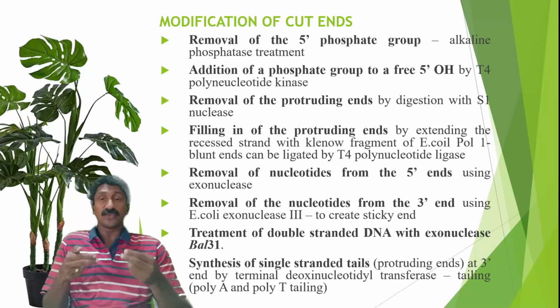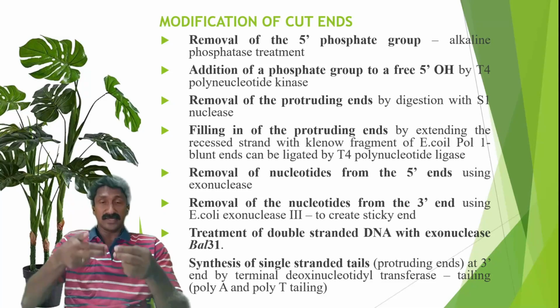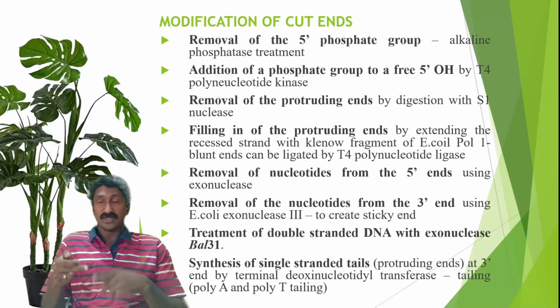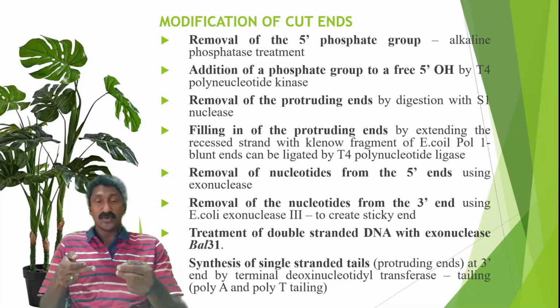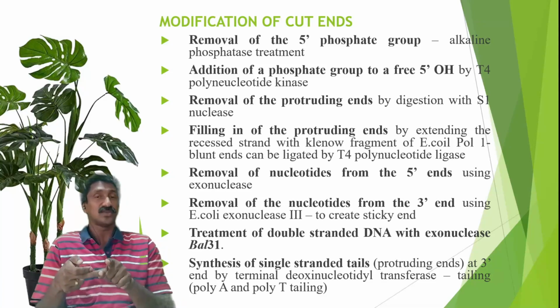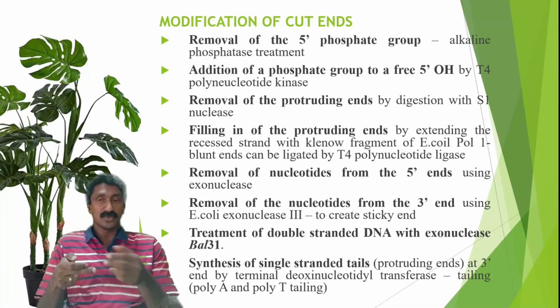Anyway, you are looking for a blunt ligation, that is both strands will be of the same length. So now you have a sticky end in your hand. Before going for a blunt ligation, you have two options: either remove this one or extend the shorter strand to the full length, so that again it will become blunt.